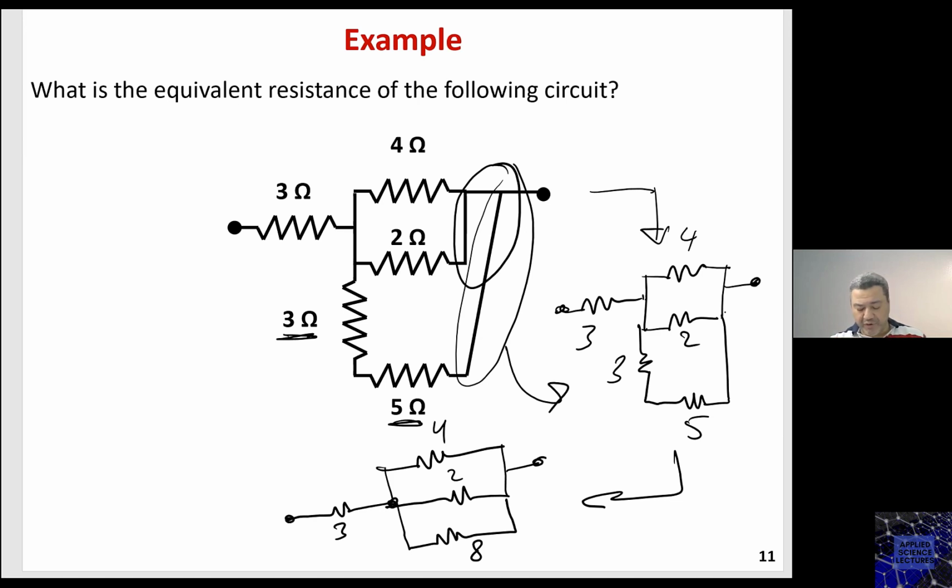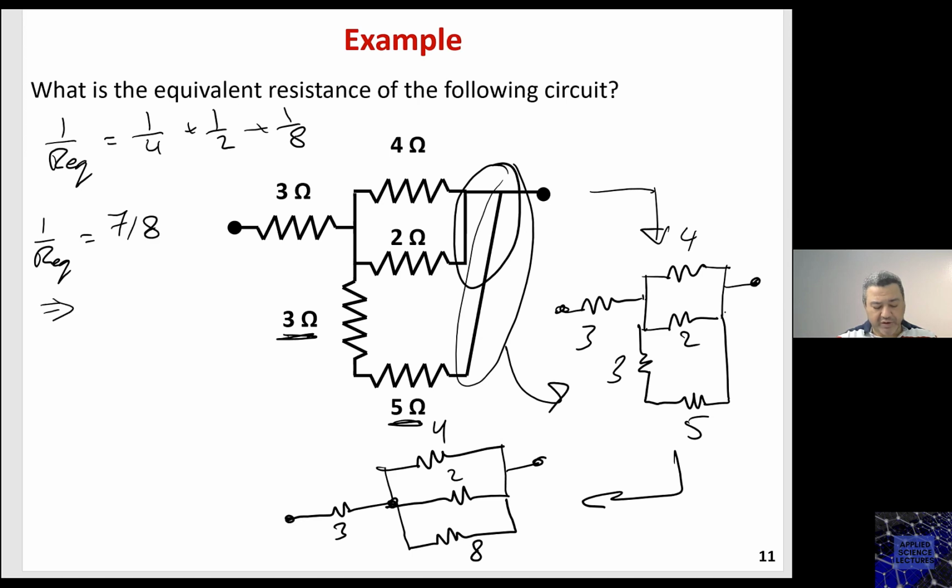Then I have 4, 2, and 8 in parallel, which means that 1 over R equivalent equals 1 over 4 plus 1 over 2 plus 1 over 8. In this case, 1 over R equivalent equals 7 over 8, and R equivalent would be 8 over 7 ohms.